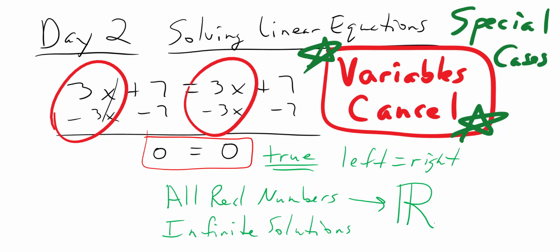If I go back to the original problem of 3x plus 7 equals 3x plus 7 and plug in 0, 18, 1.2 billion, negative 57,000, it doesn't matter what number I plug in, it will still work because the left side is equal to the right side. So it has an infinite number of solutions. Any number you give me, I can tell you that works for this problem. So the variable must cancel, and then the left side equals the right side, so it's infinite solutions.